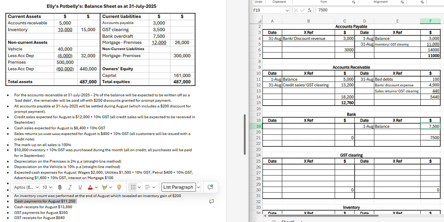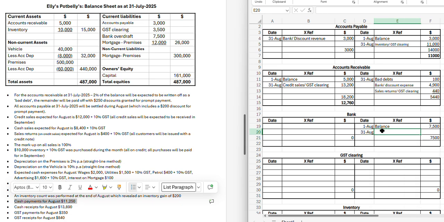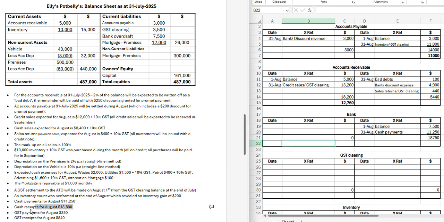They're reducing our asset. So therefore, when we decrease an asset, that is a credit entry. In terms of our cross-ref, we just cross-reference with cash payments, which factors in all the multiple ledgers that are impacted by that. And our amount is 11,250.